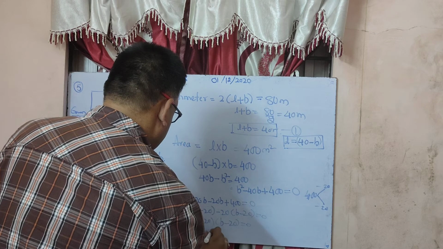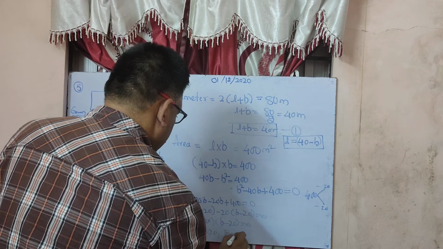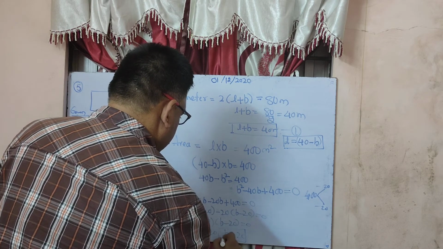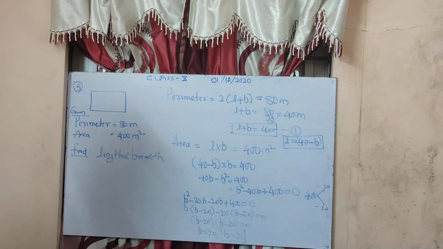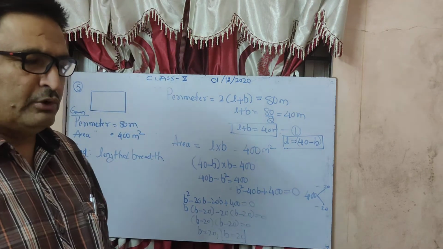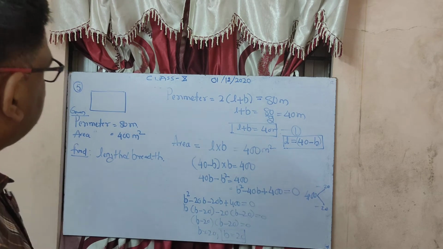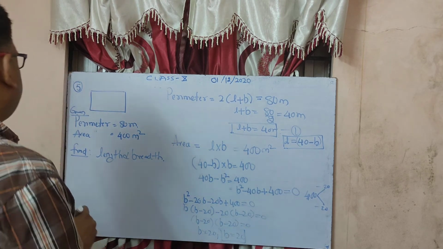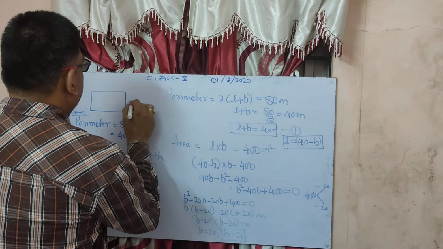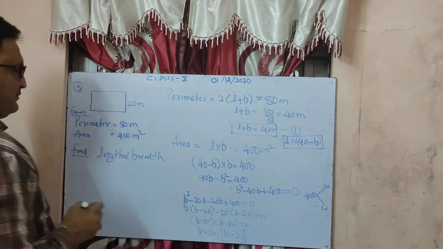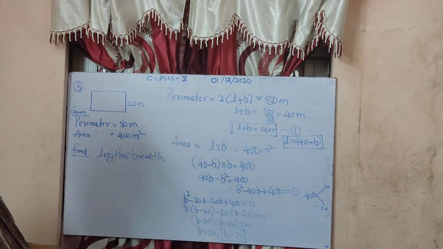So b equals 20 and b equals 20. Both are positive, so you can choose either. So the breadth is 20 meter.